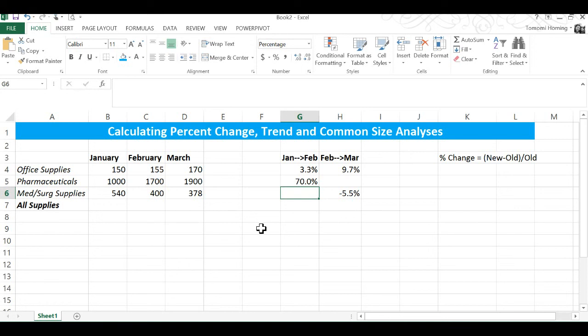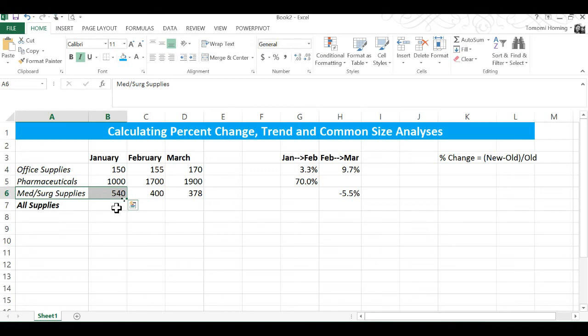So when we look at the month of January and we look across these various categories of supply spending, we would like to know, well, what percentage of our total supply spending went to pharmaceuticals? Or what percentage of our total supply spending went to med-surg supplies? So that proportional analysis of looking at where the biggest opportunities are for spend consolidation or expense reduction, that's where common size analysis comes into play.